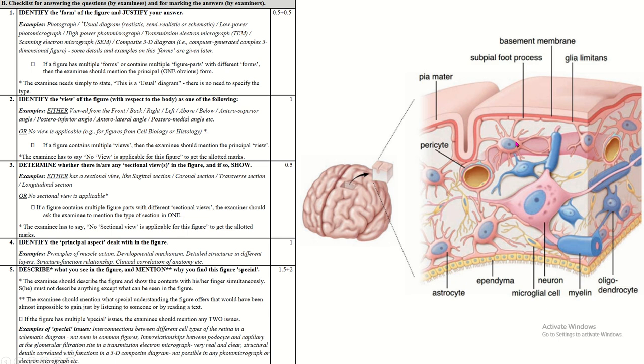And I also see the astrocyte. Astrocytes line the outer portion of the blood vessels and take part in the formation of the blood-brain barrier.